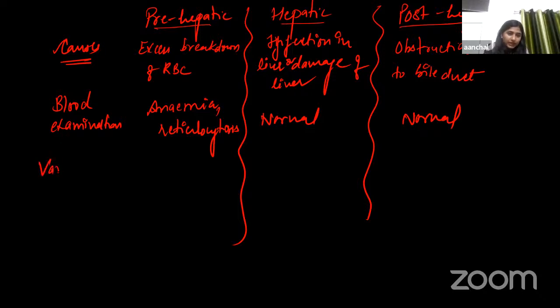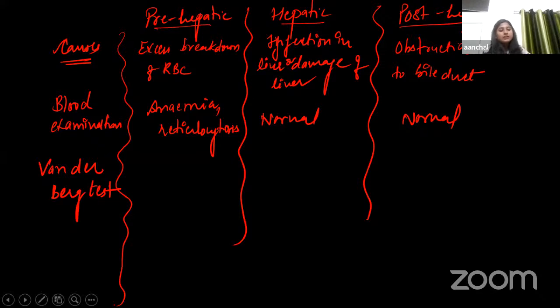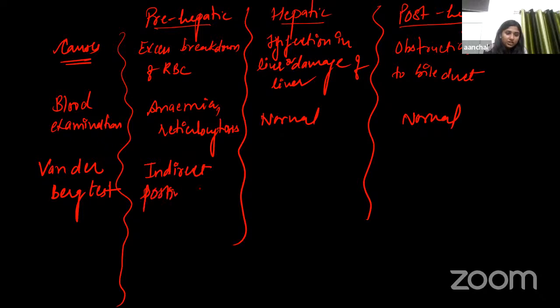Then third, we have Van der Bergh test. So Van der Bergh test is basically for the detection of bilirubin. So here it will show indirect positive reaction.